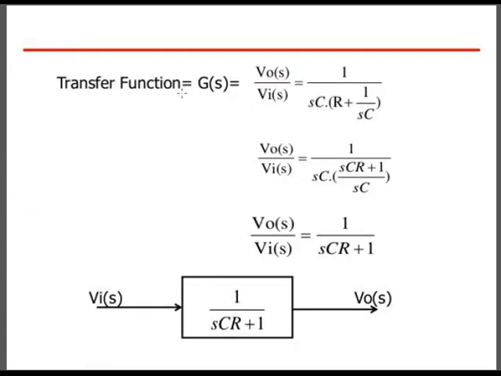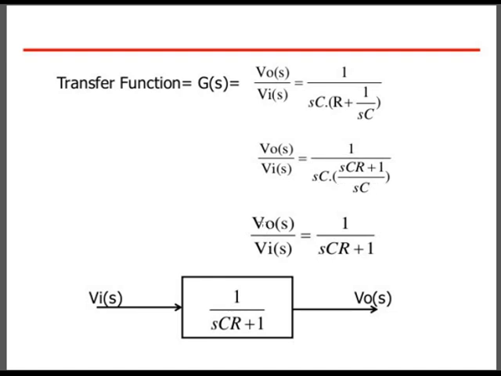Now the transfer function G(s) is given by Vo(s) divided by Vi(s), Laplace of output divided by Laplace of input, which is nothing but 1/(sC) divided by (R + 1/(sC)). Again solve this equation and take the LCM for this term. It becomes (sCR + 1)/(sC), so sC will cancel out.